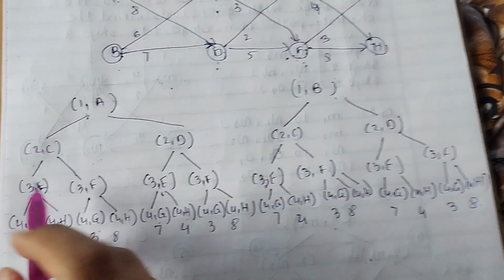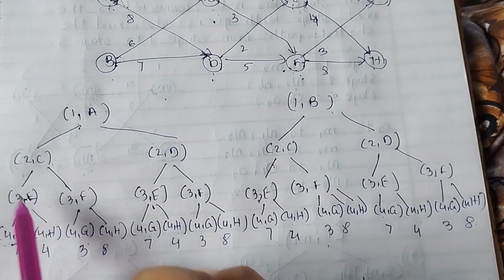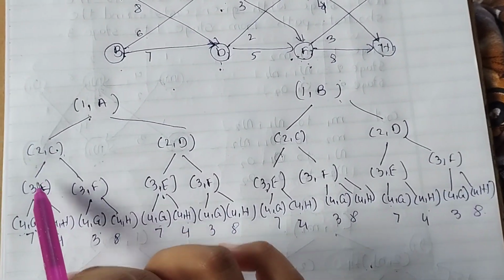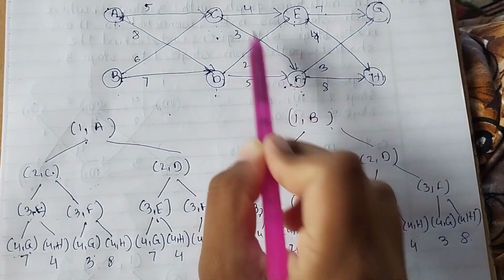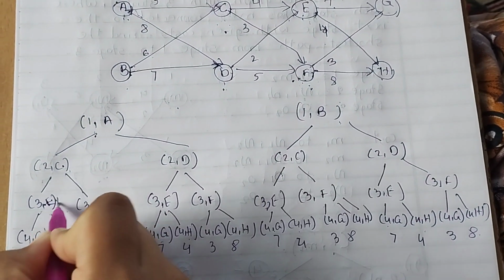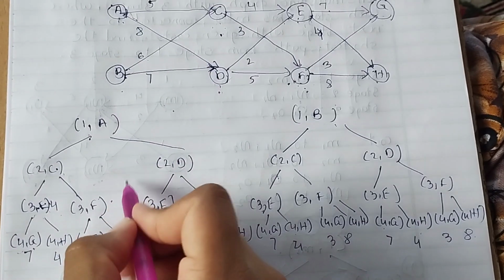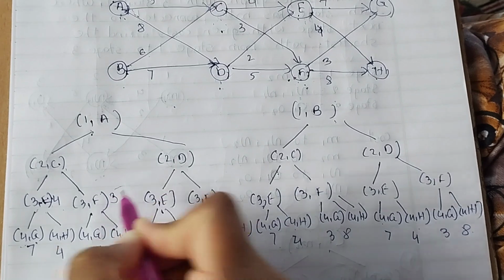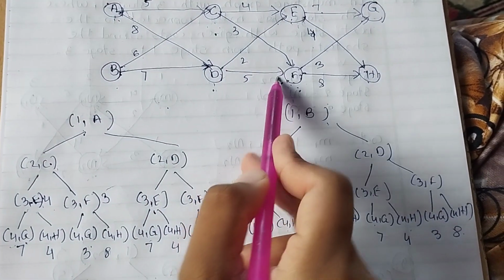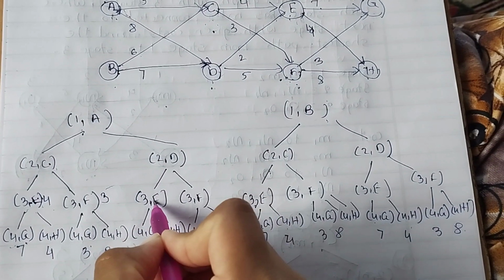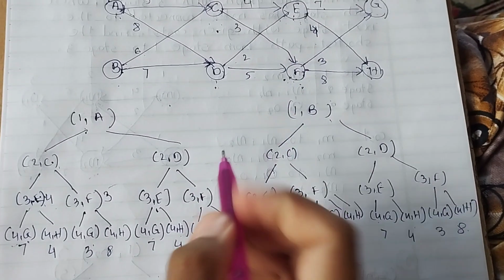Now we see, first we find out all the cost, then we transfer the transaction. So now here C to E cost is 4, C to F cost is 3. So 4, and for this 3. C to E 4, and C to F 3. D to E 2, D to F 5.